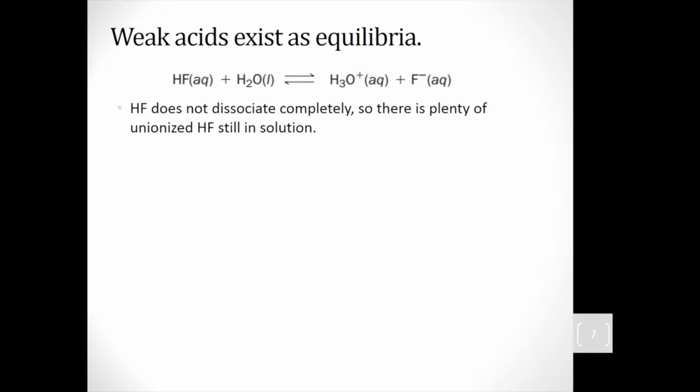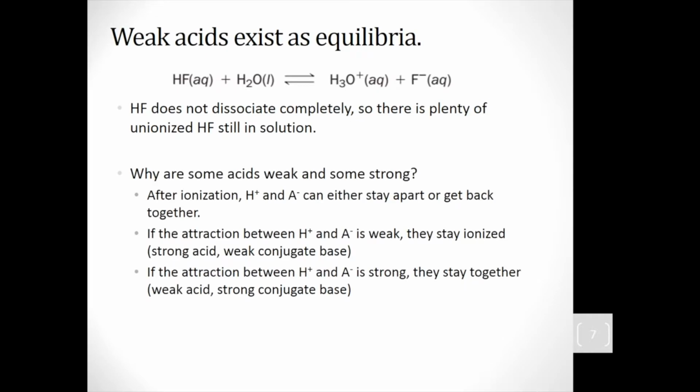So a question you might have, if you didn't have this question, now I'm posing it to you, is why are some acids weak and some strong? We will go way more in depth with structure and how that affects weak versus strong acids. But the generalization is that after the ionization, if we're looking at everything together in this big reaction mixture, the H plus and the A minus can either stay apart or get back together.